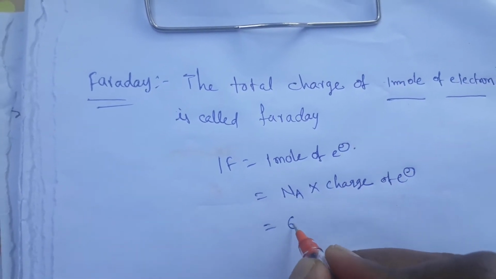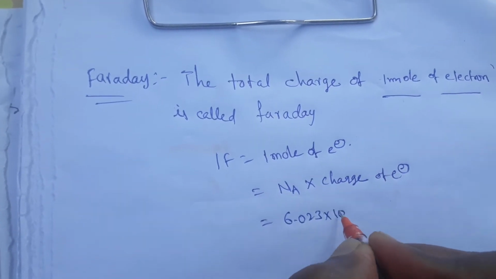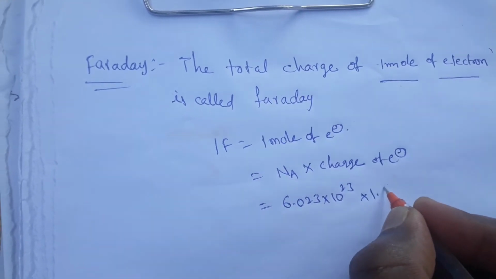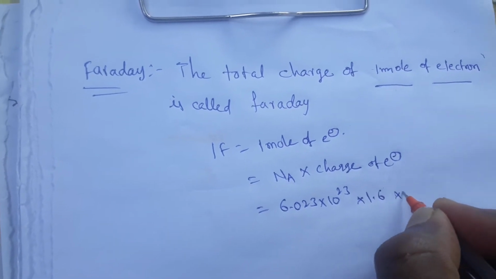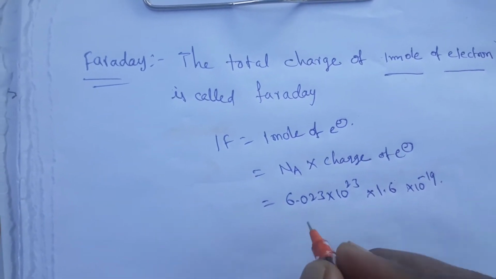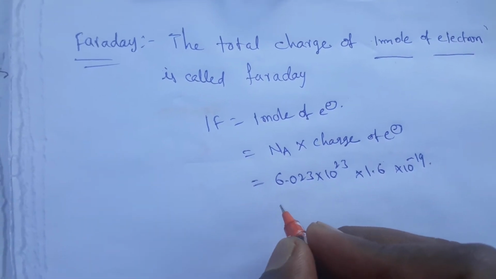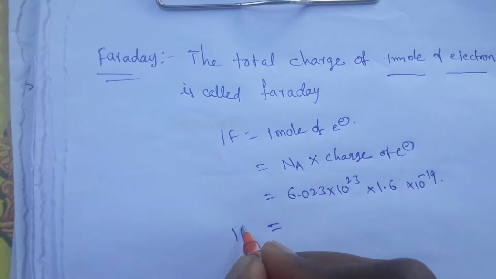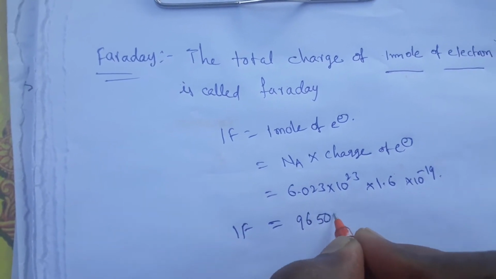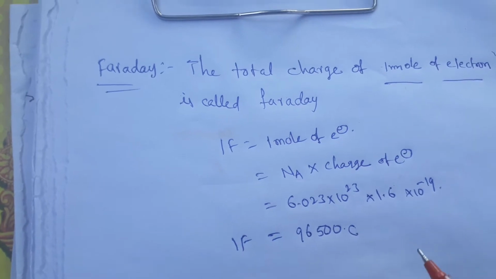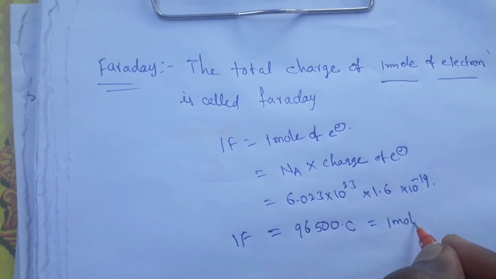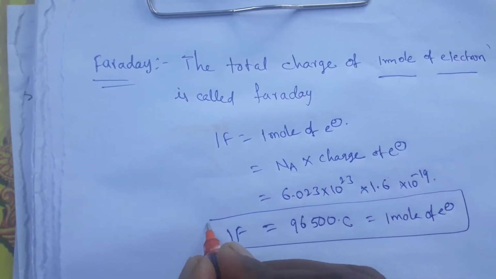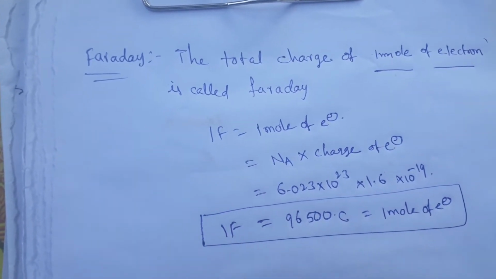Avogadro's number is 6.023 into 10 to the power of 23, and the charge on the electron is 1.6 into 10 to the power of minus 19 coulombs. If you multiply both, then you will get 1 Faraday equal to 96,500 coulombs, which is equal to 1 mole of electrons. So this is the relationship between the charge of 1 mole of electrons and Faraday.